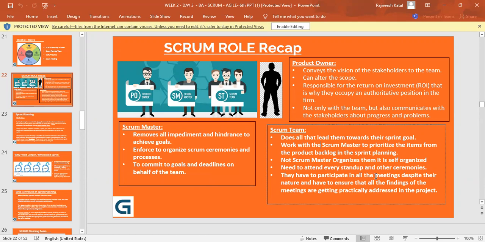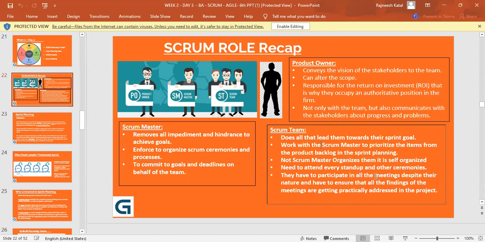By the way, I just want to highlight one of the more important points which we didn't discuss much. Scrum Master also organizes Scrum ceremonies and processes. We will come to that in upcoming sessions, but it simply means all the meetings, all the ceremonies, like you have a sprint review, we have a sprint retrospective.